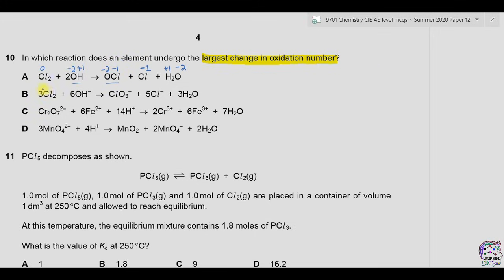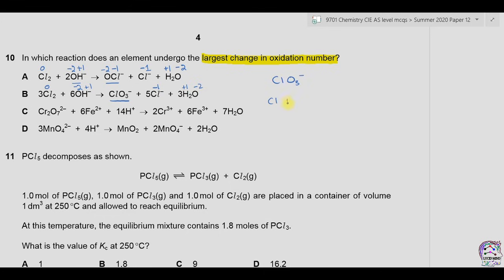Now part B, chlorine again in molecular form, so therefore the oxidation state is 0. For hydroxide ion, we have -2 for oxygen, +1 for hydrogen. For chloride ion, we have -1. For water, we have +1 and -2. Let's find out the oxidation state of chlorate ion, ClO3-.